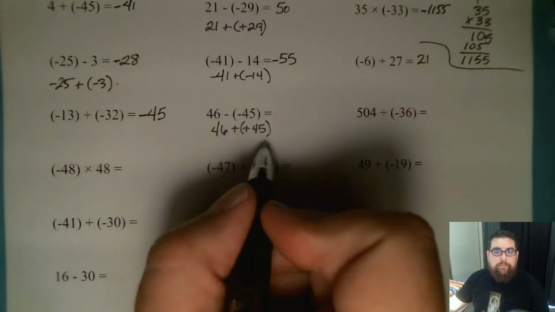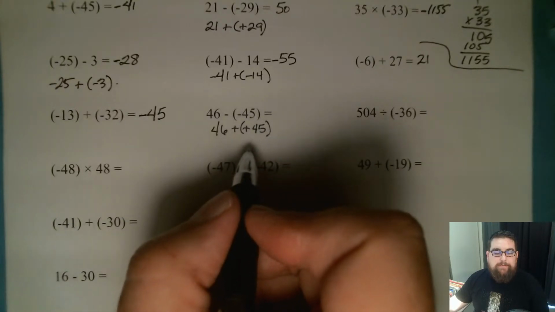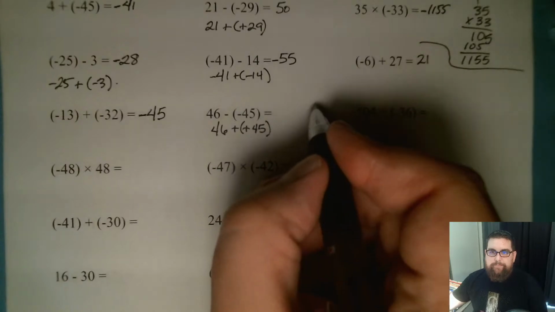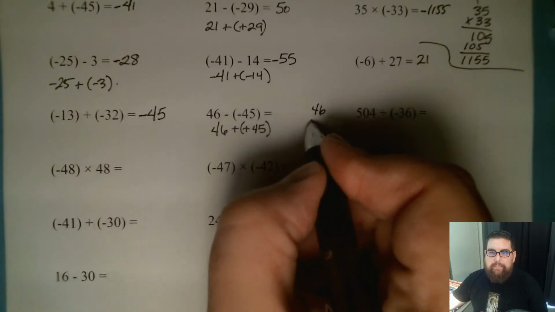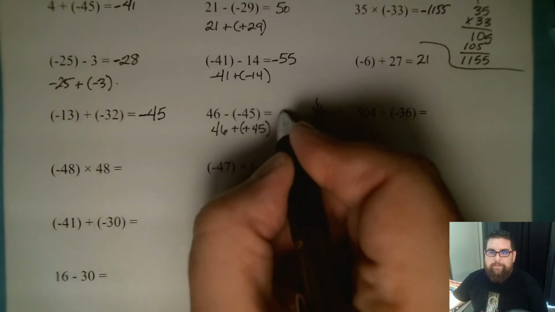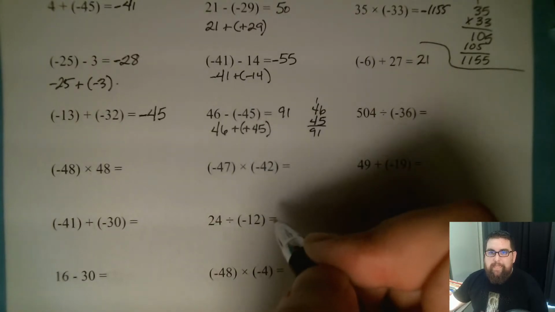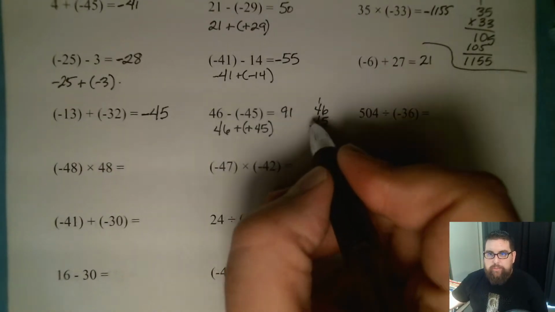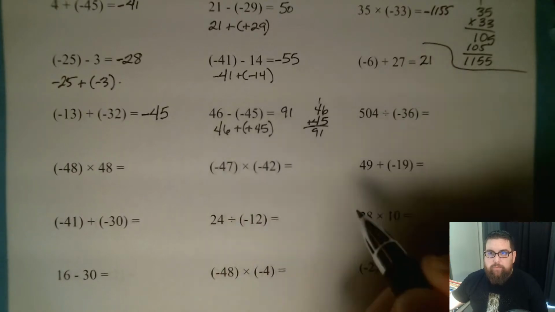Now, this is just a regular addition problem because I'm adding together 2 positives, so we just add. There we go, 91. If you ever need to do the addition, multiplication, whatever, off to the side first, please do. I just don't normally show it because that's not normally what we're focusing on.